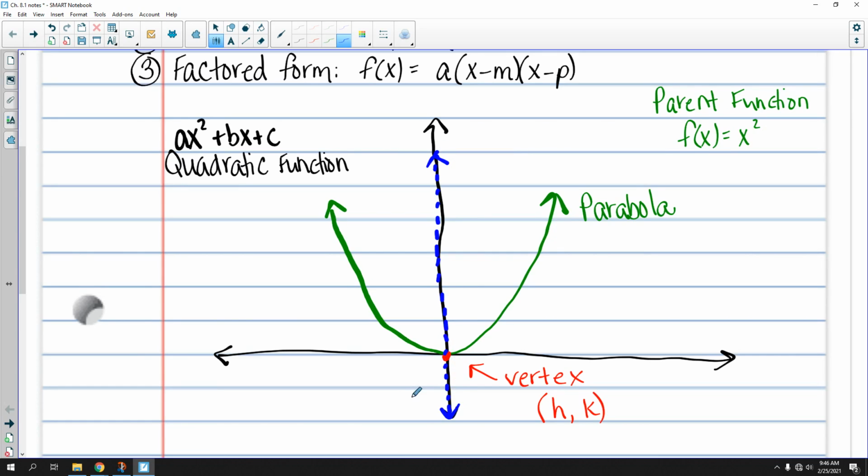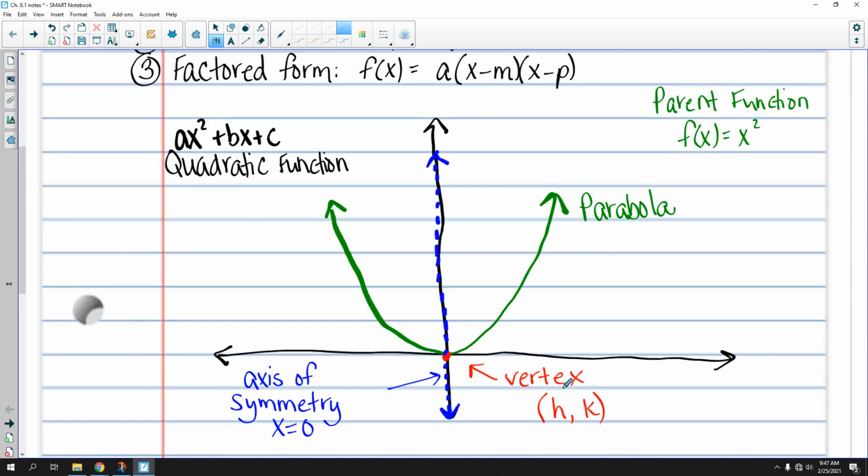And this dotted line that I drew would be known as the axis of symmetry. And the axis of symmetry is always x equals whatever number that the line goes through on the x-axis. So here it cuts through the 0 on the x-axis, so you would say x equals 0 in this case, okay?